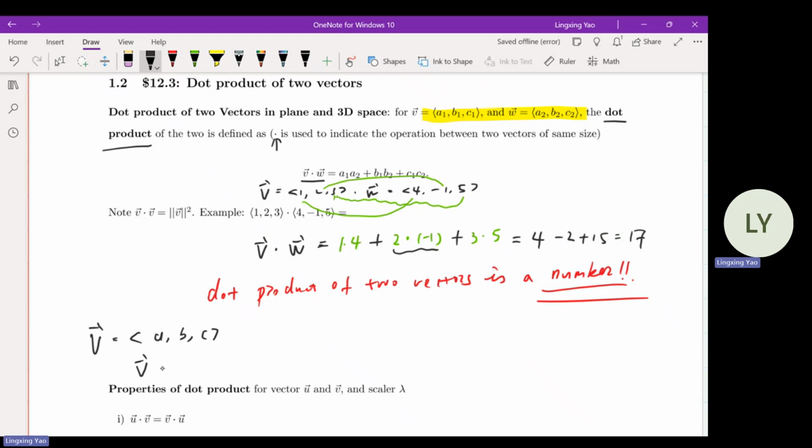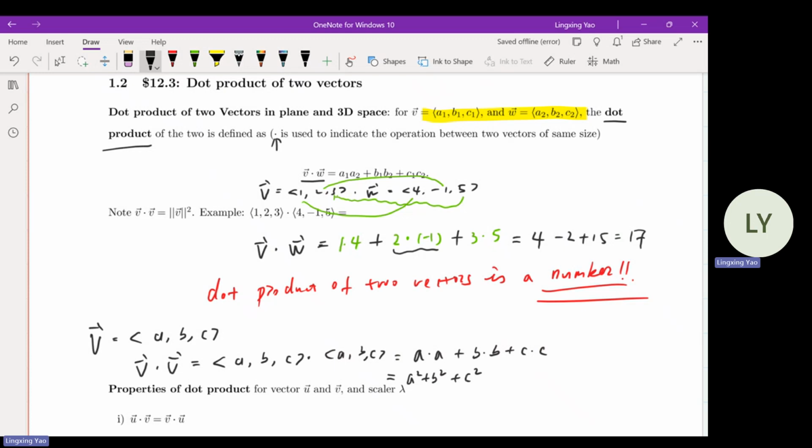Okay, so v dot v itself is (a, b, c) dot (a, b, c), which equals a times a plus b times b plus c times c, right? Which is a squared plus b squared plus c squared.